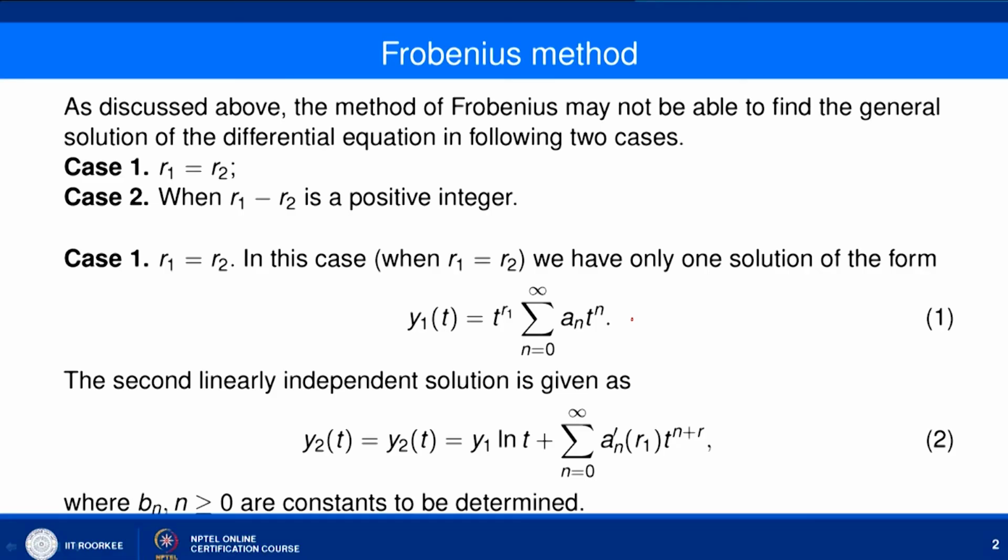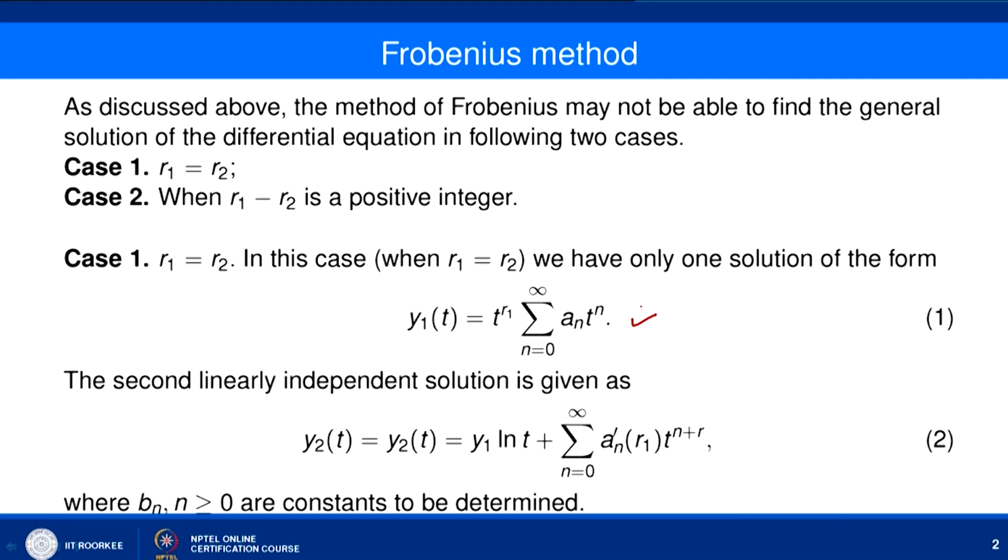Now, in this class we discuss the case when the roots of the indicial equation are equal. We have seen in the previous class that when the roots of the indicial equation, denoted here as r1 and r2, are equal, that is r1 equal to r2, we have only one solution of the form y1(t) equal to t to the power r1 summation n from 0 to infinity a_n t to the power n.